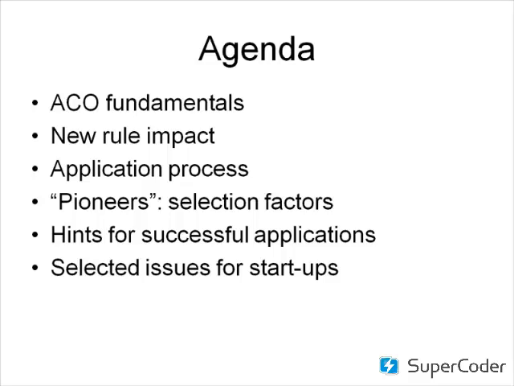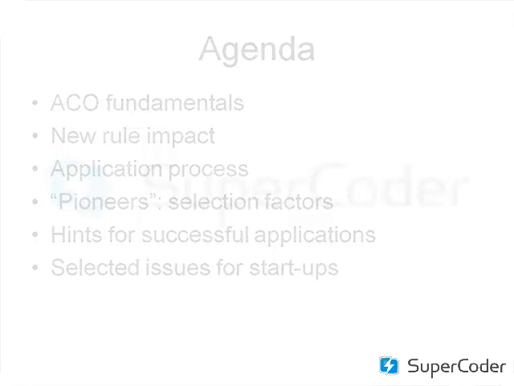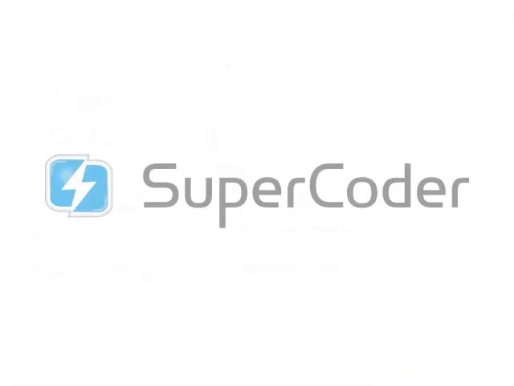We'll talk along those lines of giving those hints of what applicants might want to do, and also thinking about from a startup position, what are the things you're going to have in place, and even if you're beyond just startup, the issues that you may be facing. Or if you're going to be joining an ACO that's already in formation, some of the issues you may face as well. So that's our very lengthy agenda, and we're going to try to get into it right this moment.